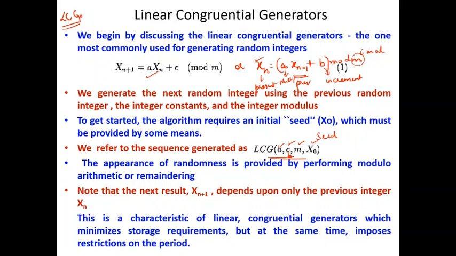But one major problem with LCGs is that it puts some restrictions on the period. The period or the length is the total number of values until which the numbers start repeating. So how many random values am I going to get before it starts repeating itself? That is known as the length or the time period of the generator.